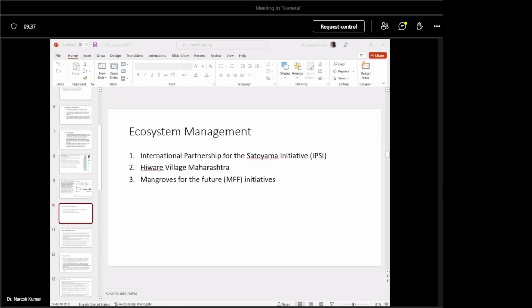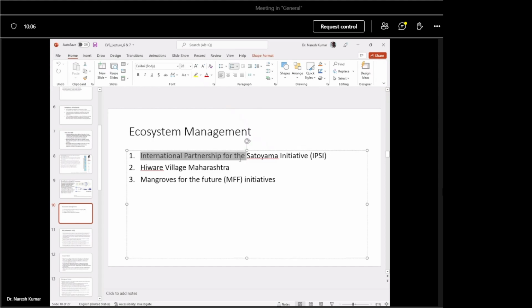What I will do is just sensitize and inform you about how whatever we have studied, whatever we understand, we can apply to practice. It's not that it's all theoretical, but there are success stories around you. So we have 3 examples which very nicely demonstrate ecosystem management.